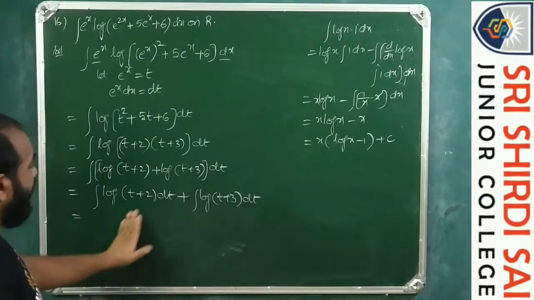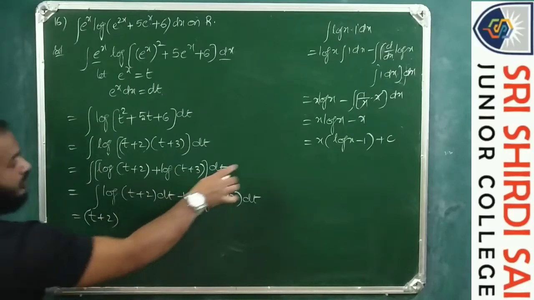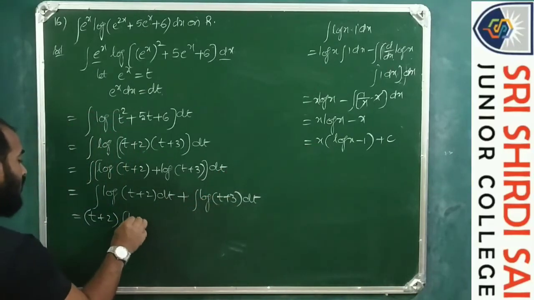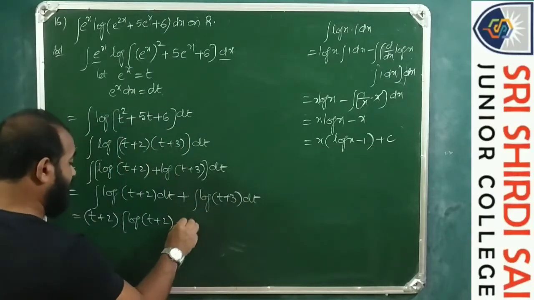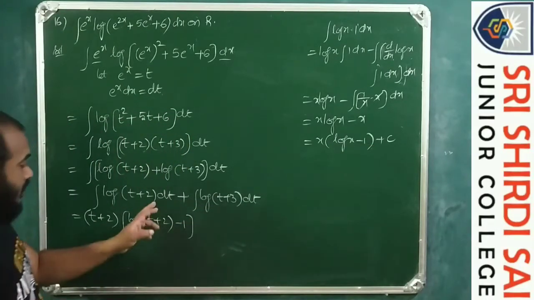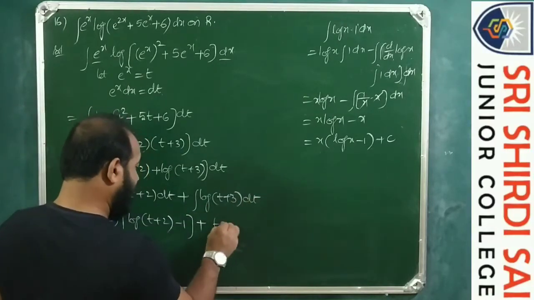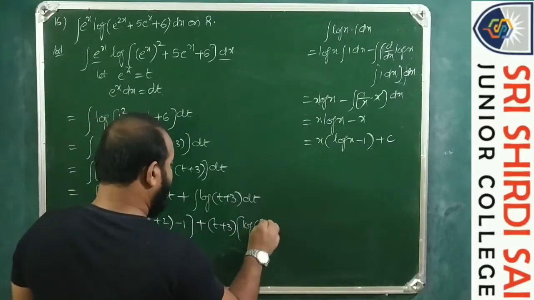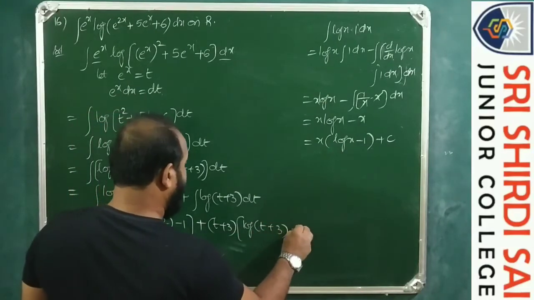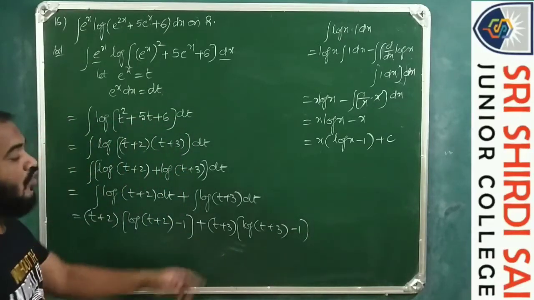The integral of log(t+2) dt is (t+2)(log(t+2) minus 1) plus, for this, (t+3)(log(t+3) minus 1), plus constant of integration.